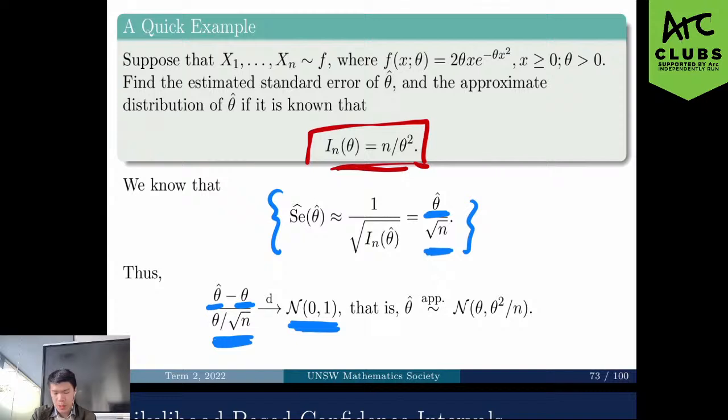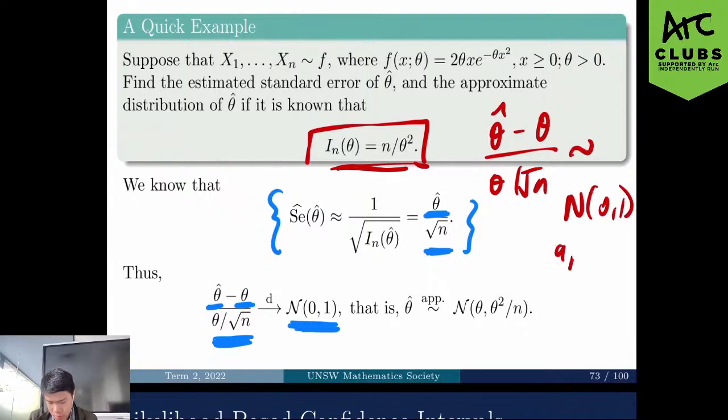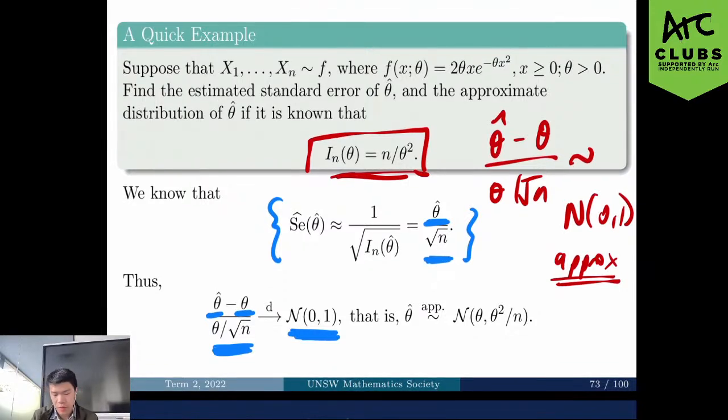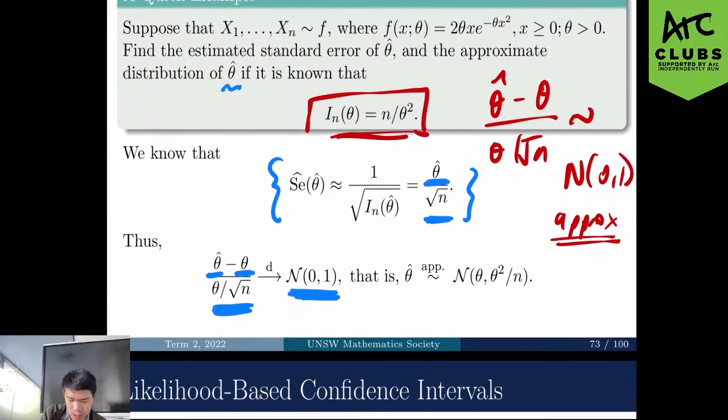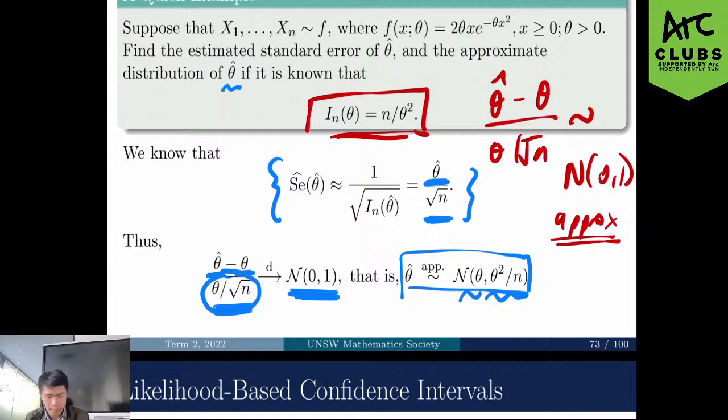Right, so all we've done is we've just taken this minus the mean divided by the SD, N(0,1). And the question asks us to find the distribution of theta hat itself. So really all you have to do is just multiply through by this. So times that by theta squared on n, then add theta, and you'll get this. Okay, and you're good to go.